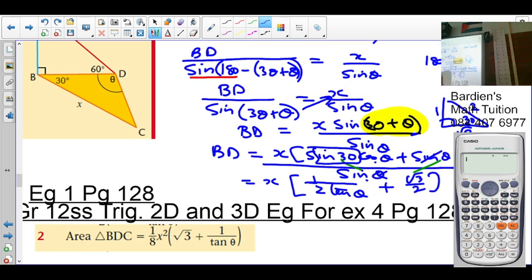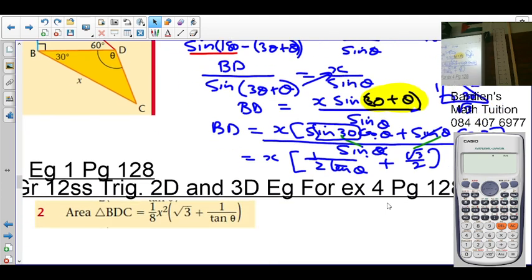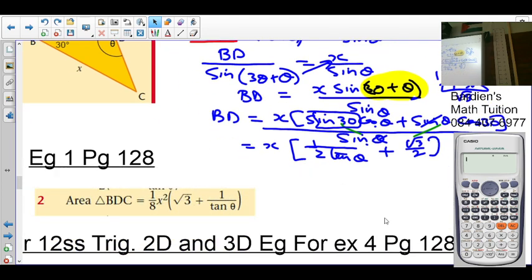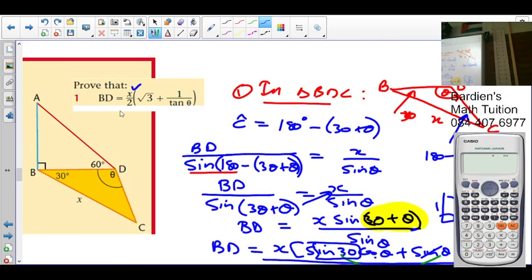At this point it still doesn't look like it, but I can take out the half as a common factor. Then I'm left with x over 2, or half x, into 1 over tan theta plus root 3. And that is exactly what they have here.